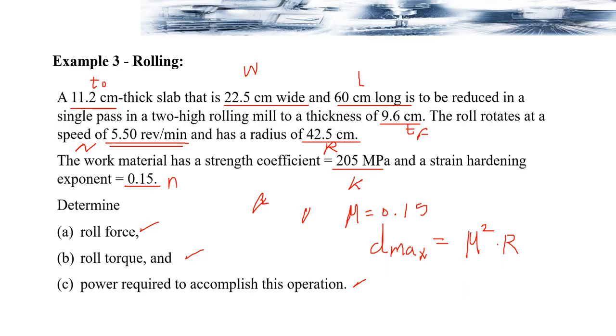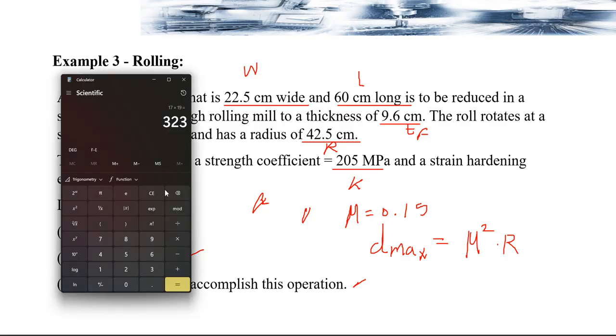So let me take my calculator out and I'm going to do the calculation here. This one is 0.15 square, multiplied by the 42.5 millimeters, and the answer is going to be 0.956.